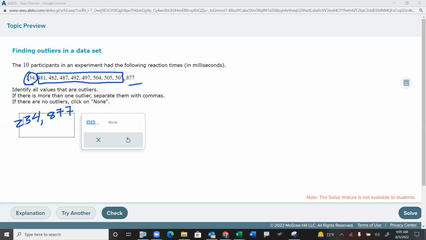Like if you've got a 234 for a low, but your high is like 5,000, can you imagine a 5,000 calorie sandwich? I mean, without it being like 8 feet long, that would just be nuts. Anyway, you'd certainly have an outlier on the top and an outlier on the bottom, but they're not going to average each other out because this 234 is way closer to the main group than the 5,000 is. So anyway, I'm just throwing extra information out there just so that you're aware of it and thinking about it.